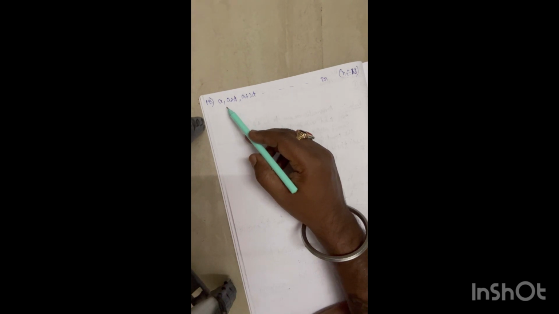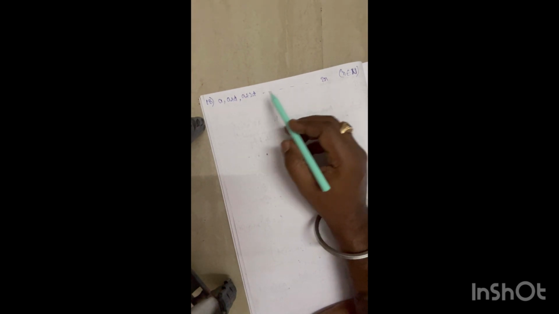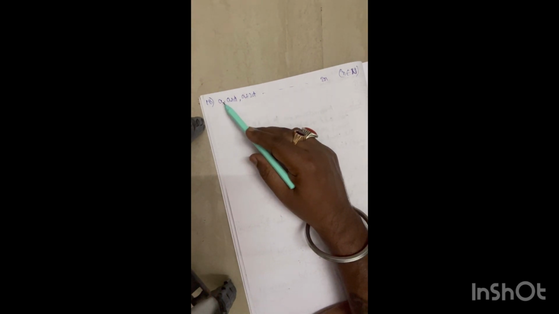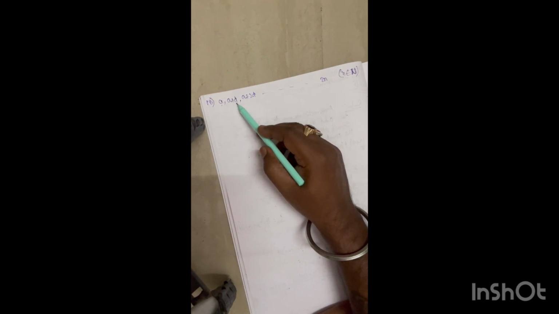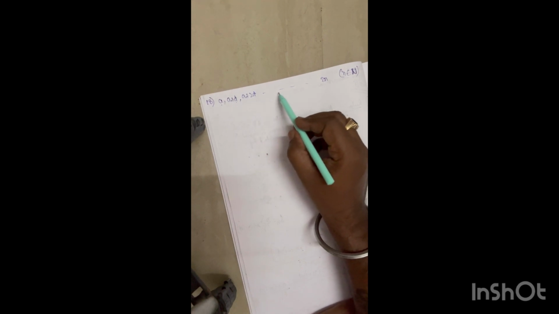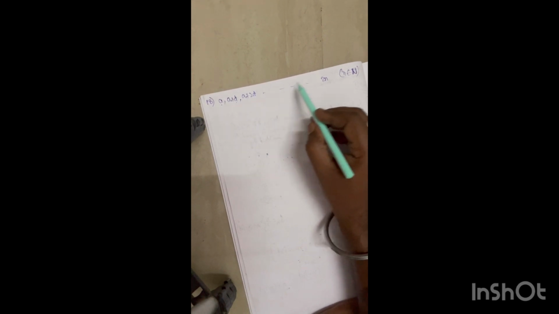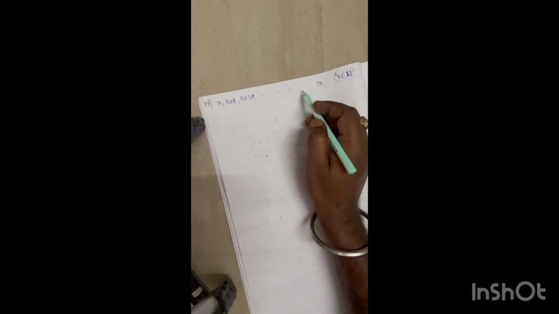So 2n always represents an even number. In this total series, a is the first term and d is the common difference, and by that we can represent this as an AP series having an even number of terms.